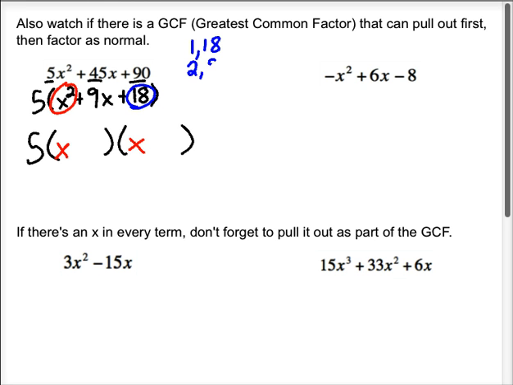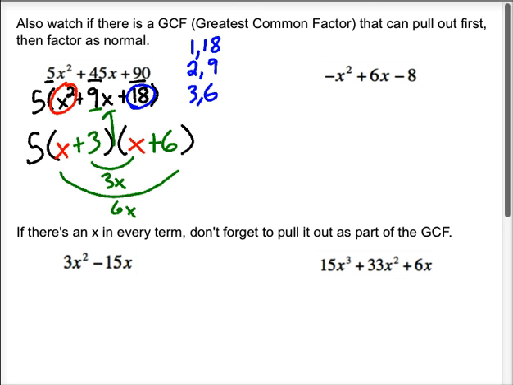can break down into these combinations. And now I need those connections to give me a 9x. So when I look at those connections, well, 3x and 6x do give me that 9x squared.